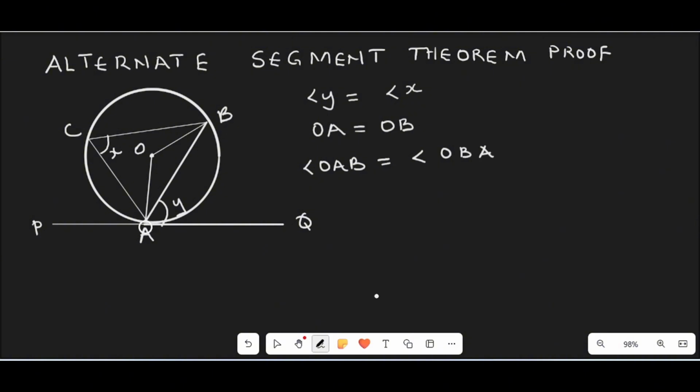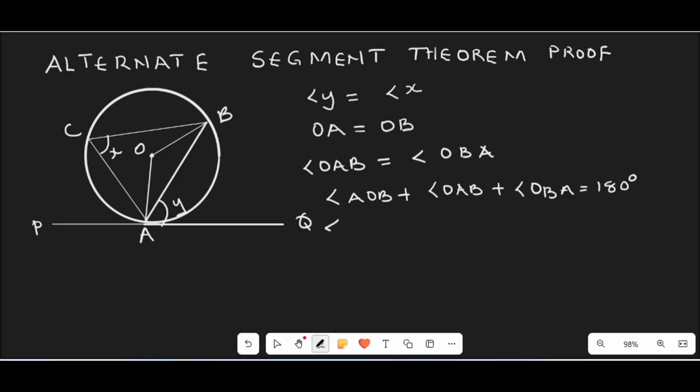In triangle AOB, angle AOB plus angle OAB plus angle OBA equal to 180 degrees, because the sum of angles in a triangle equals 180 degrees.